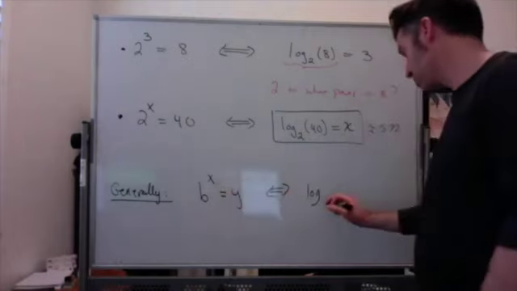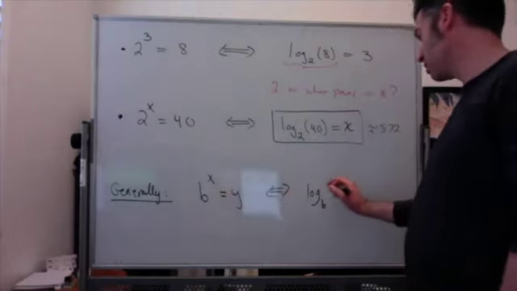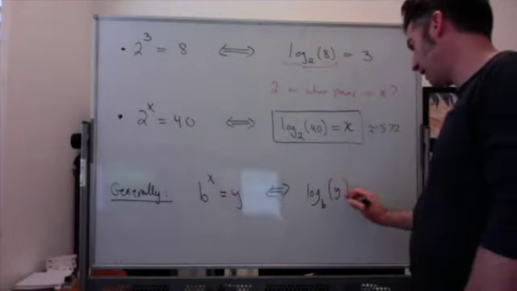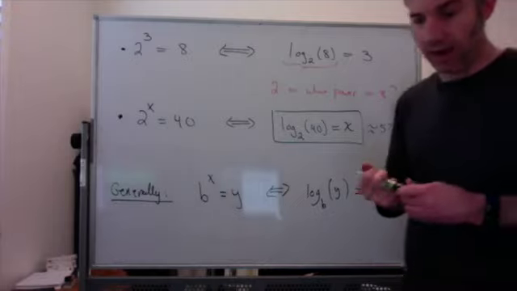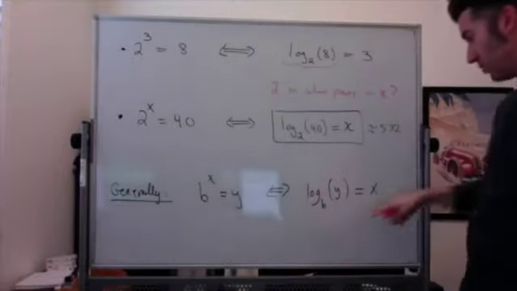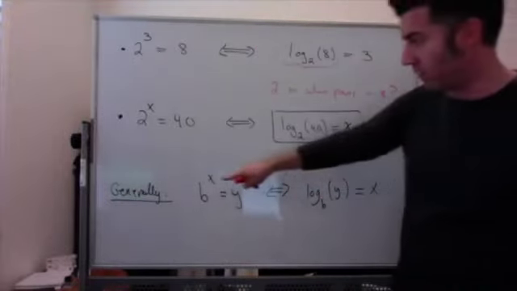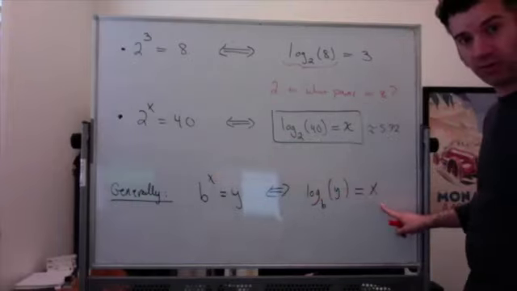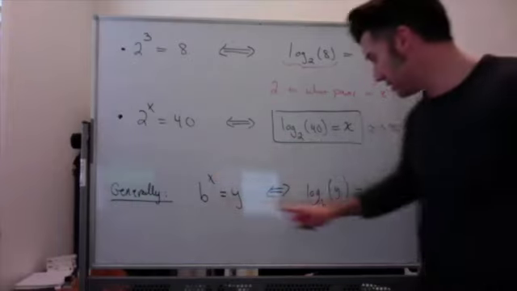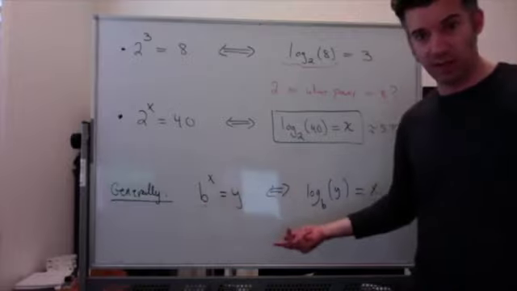B. So log base b of y has to equal x. I'm always reminding myself that the logarithm is equal to the exponent. So whatever the exponent is over here should be what the logarithm is equal to over here. And the base is always the same in each problem.